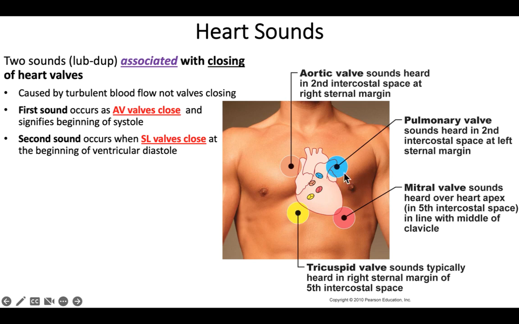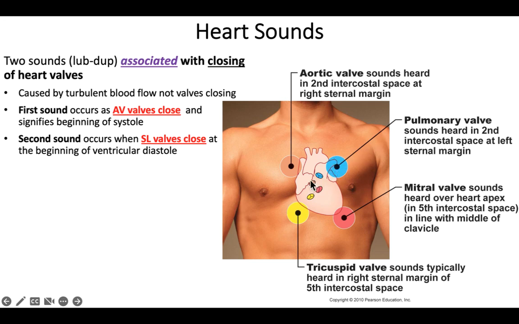Now, it's the semilunar valves, which are what I would say is counterintuitive. The pulmonary valve you tend to think is on the right side of the heart, and it is. That's where blood comes from the right ventricle out into the pulmonary trunk. But to listen to the sound, we place the stethoscope left of the sternum at the 2nd intercostal space. And that's where you would be able to hear the pulmonary valve.